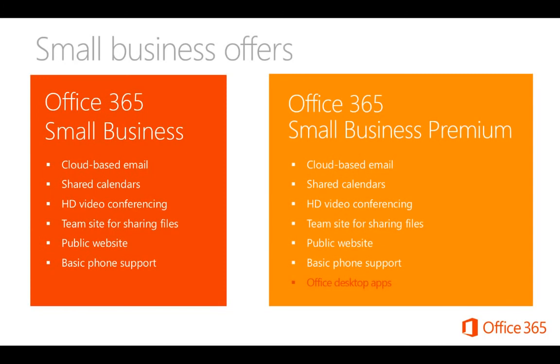They allow for shared calendar, contact management, the ability to host online meetings with HD video conferencing, etc. The primary difference between the two is that Office 365 Small Business Premium includes the Office desktop apps, the Office Professional Plus, which allows, as we've said earlier, the ability to install all of the Office applications on up to 5 PCs or Macs for a single user.